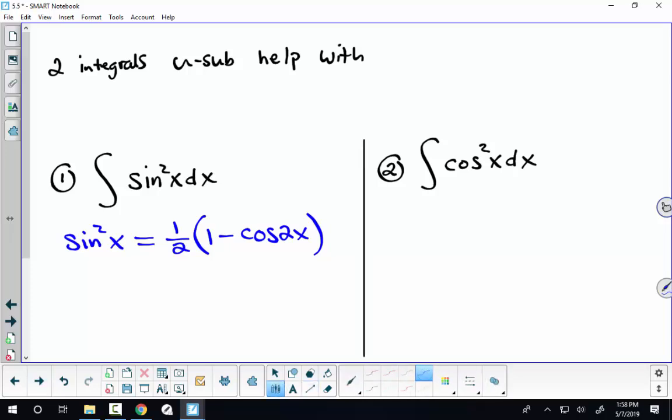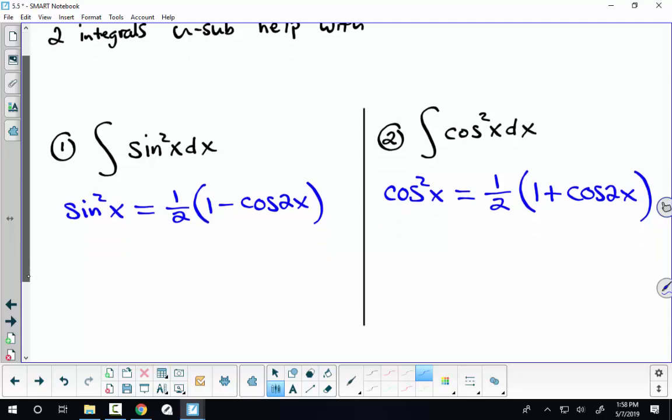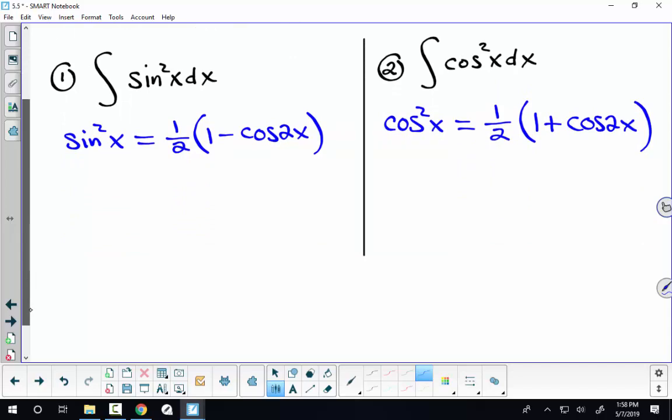And cosine squared is 1/2 times 1 plus cosine of 2x. That's kind of similar. We're going to take the antiderivative of this representation of sine squared instead.